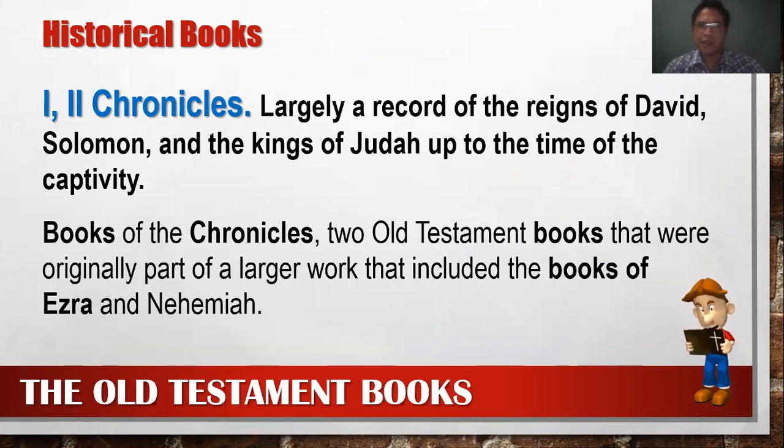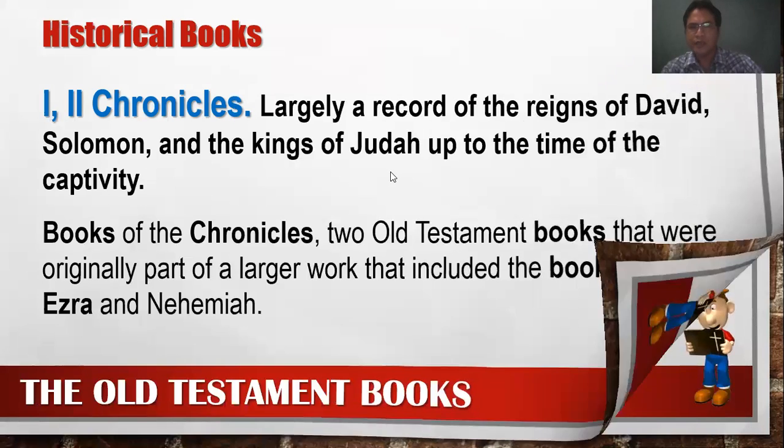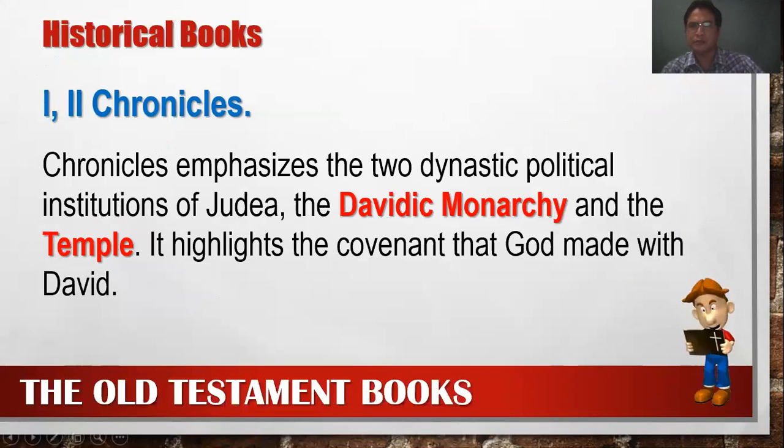The First and Second Chronicles is largely a record of the reigns of David, Solomon, and the kings of Judah up to the time of the captivity. The book of Chronicles was originally part of a larger work that included the books of Ezra and Nehemiah.